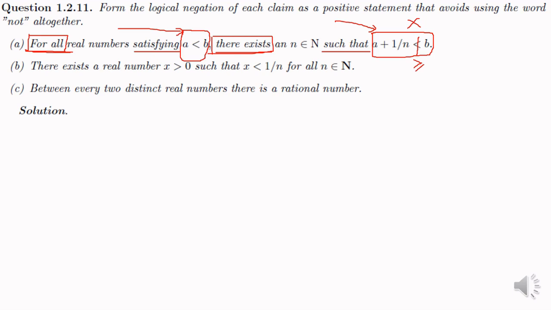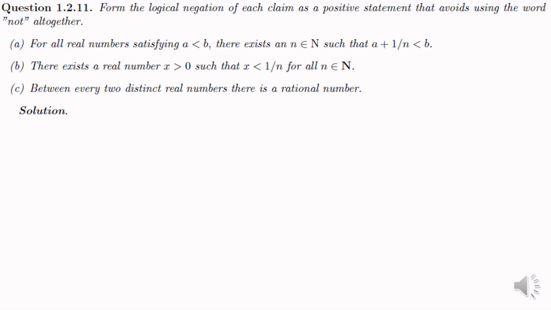Now we will try to negate the first claim given. The negation of "for all" is "there exist". So here we have for all real numbers satisfying a less than b. When we negate it, we will write there exist real numbers a and b satisfying a less than b, such that, because "there exists" is accompanied by "such that".